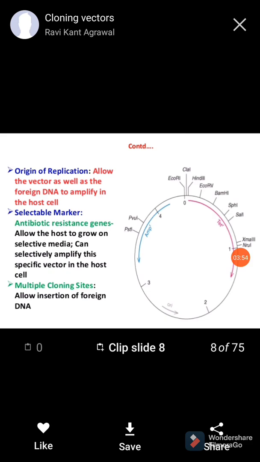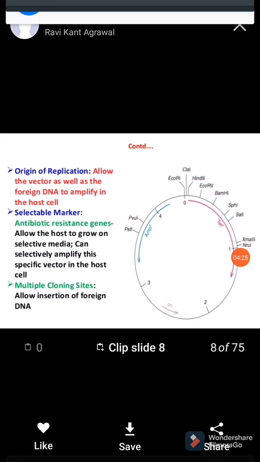So these are the multiple cloning sites, and it should be capable of working under the prokaryotic as well as eukaryotic system. It should be easily isolated from the host. Also, just remember that important point. You see, these are the important features I have given in the notes. You can also study those important features of a cloning vector from the notes.